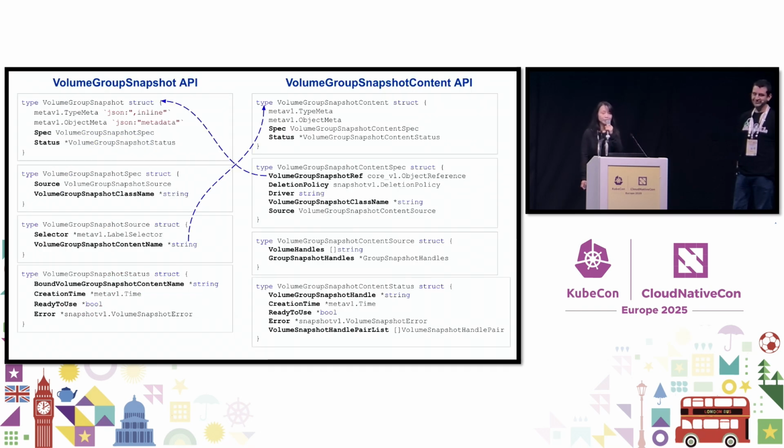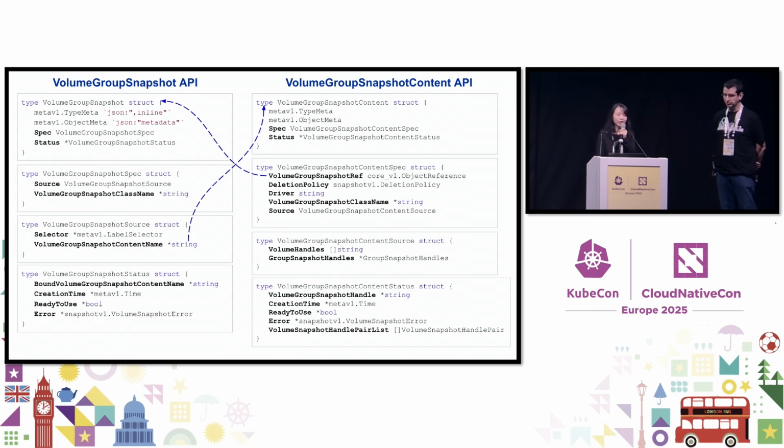In the volume group snapshot content spec, you have the deletion policy, CSI driver name, volume group snapshot class name, and the source. The source can be either a list of volume handles for the volumes on the storage system or group snapshot handles, which includes the volume group snapshot handle and a list of individual snapshot handles on the storage system.